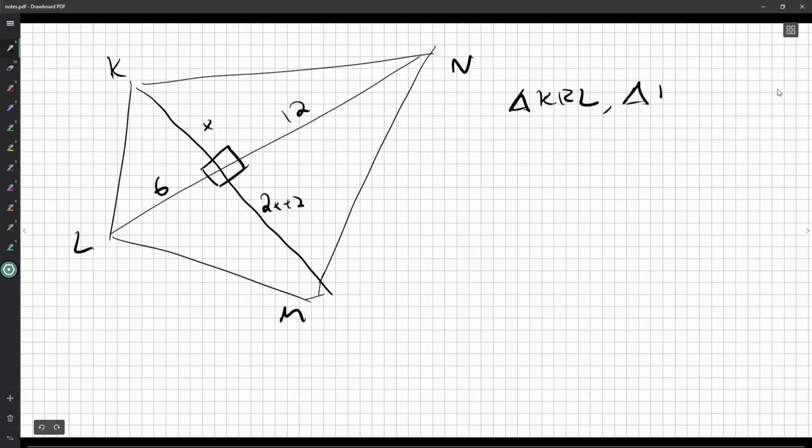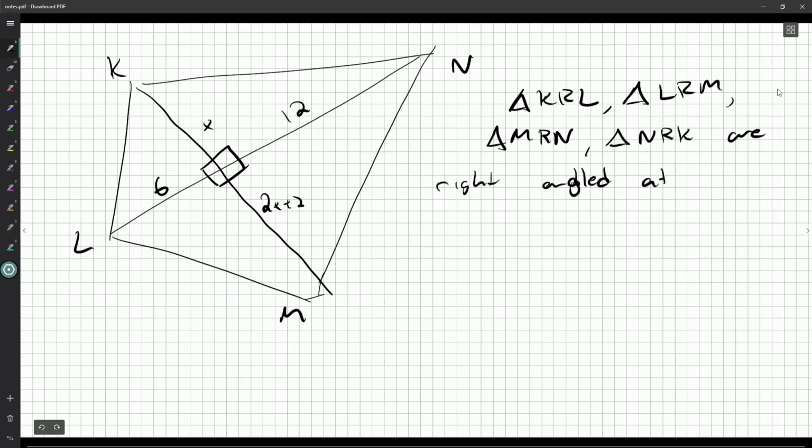KRL, LRM, MRN, and NRK are right-angled at R. So, what can we see?